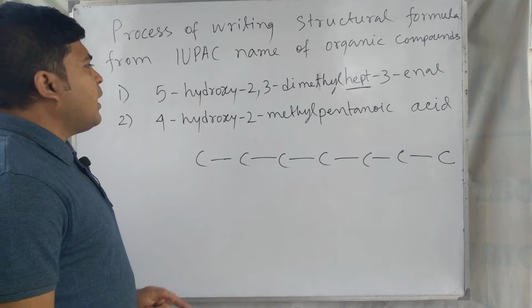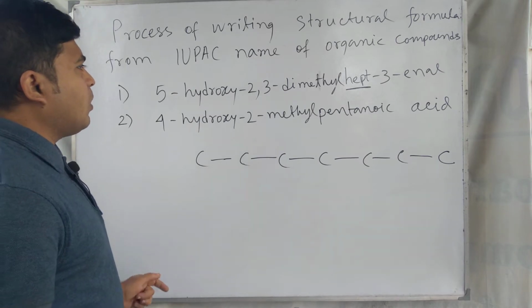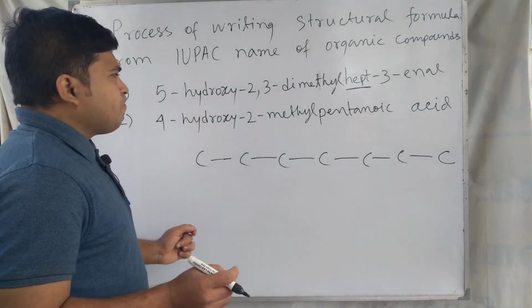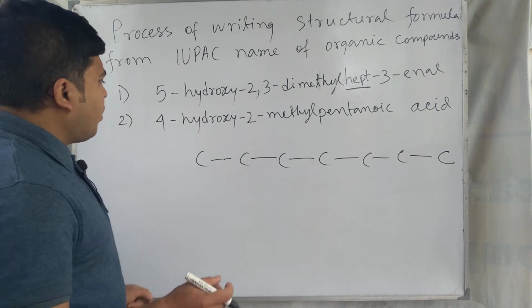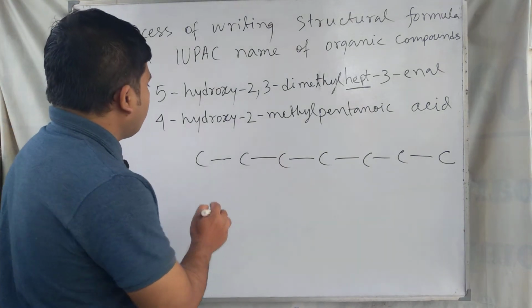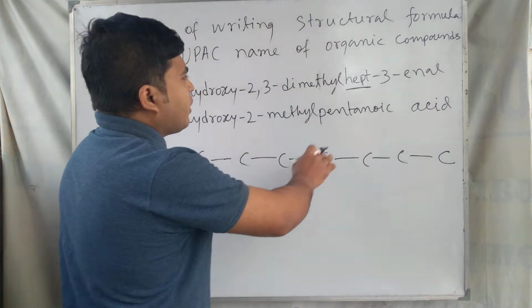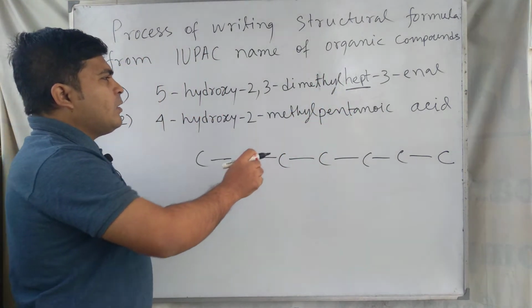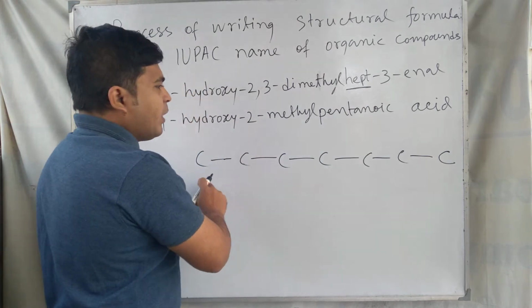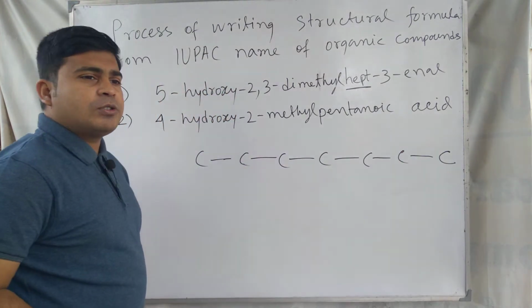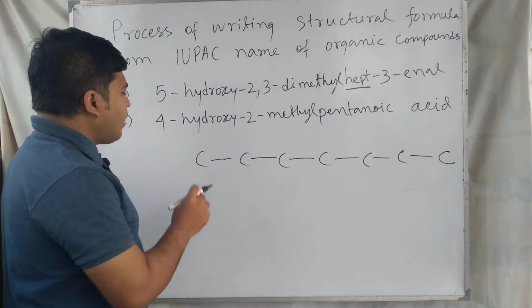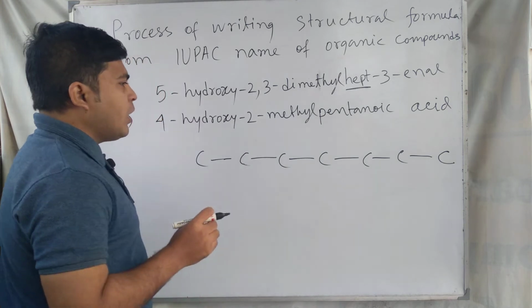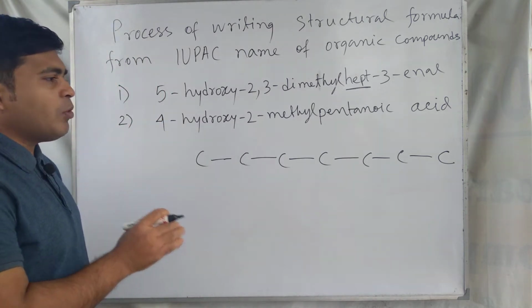After that, next step, we can number it. At first we noted the root word hept, so we wrote 7 carbons in the chain, and after that we have to number the carbon atoms.